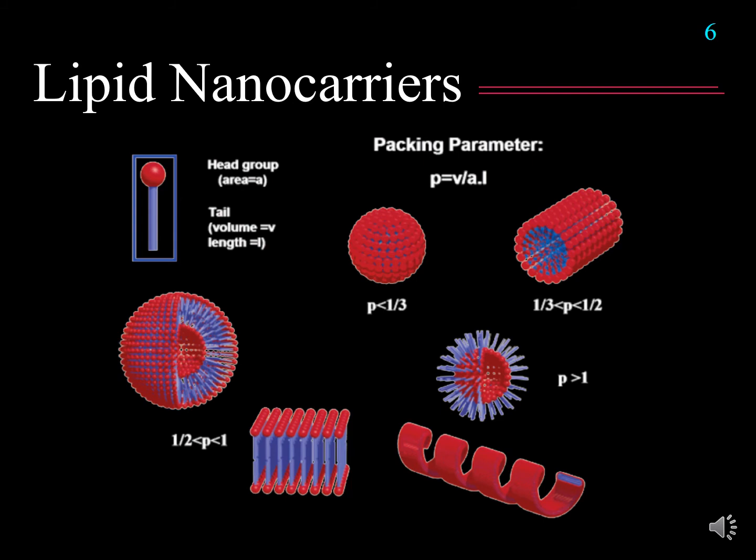For example, if we have soap molecules with carboxylate as a head group and one hydrocarbon chain as a tail group, we can prepare micelles. But if we start from phospholipids with phosphate as the head group and two hydrocarbon chain tails as the nonpolar part, this is quite bulky, so we can construct a lipid bilayer or vesicle out of the phospholipid. So we can construct different kinds of structures which are suitable for different kinds of drug structures as well.